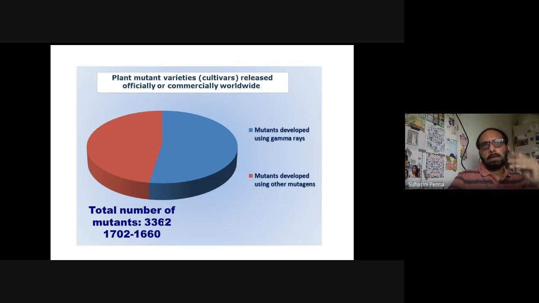So they keep on maintaining all the records of mutational events which have resulted in a variety which are registered with them. So these are since the 1960s, whatever varieties are released, these are cataloged in the database.